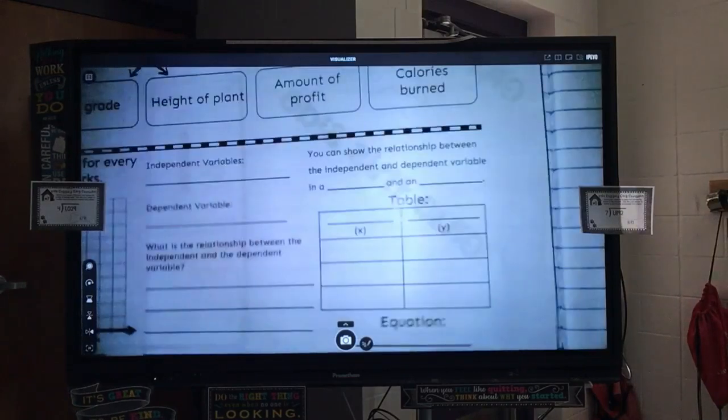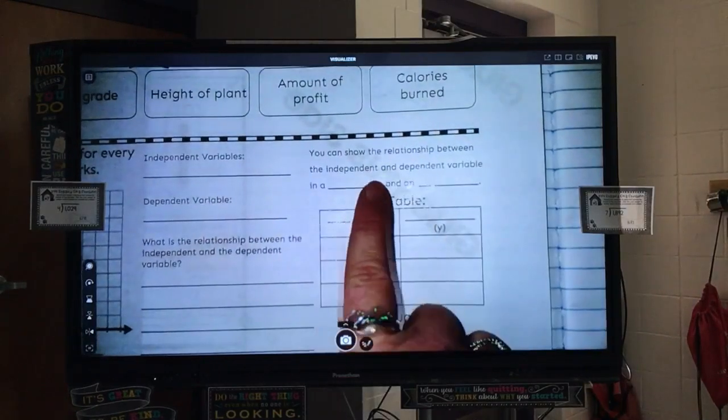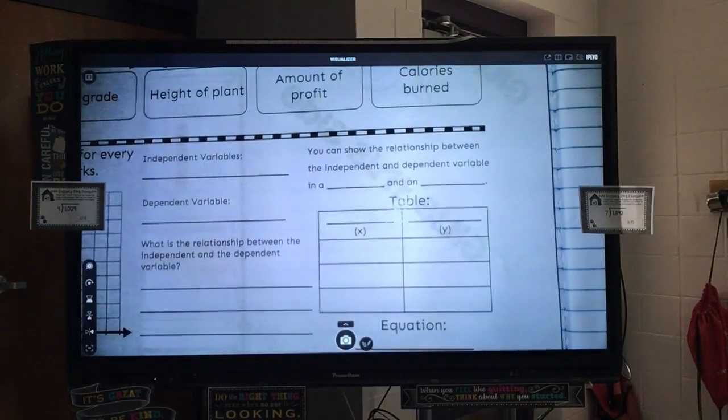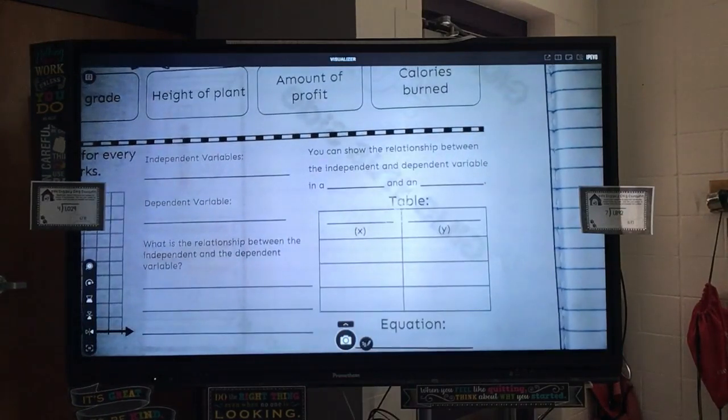The one thing we're going to talk about is this. You can show the relationship between the independent and dependent variable in a table and in a graph. All right, how many of you can tell me what type of table that is, or what you think it is? Jackson?